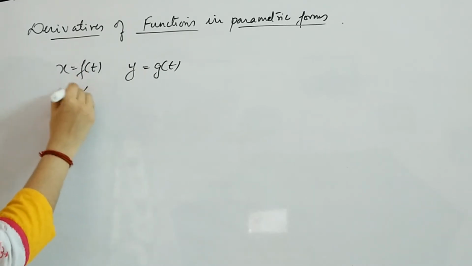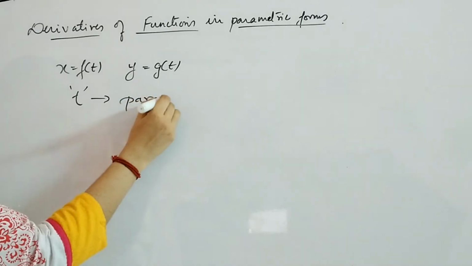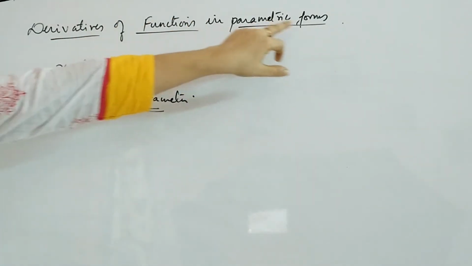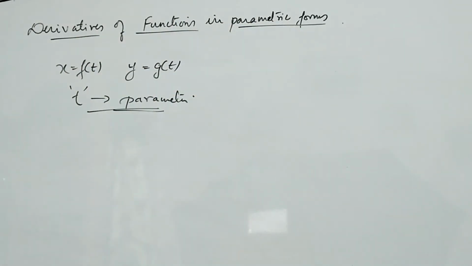That means this t is known as the parameter. That's why we say this is of parametric form, derivative of functions in parametric forms.